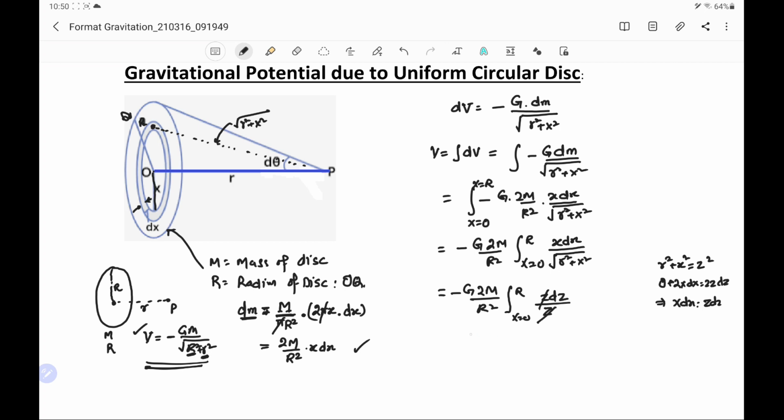Z and z cancel out, then minus G 2M by R square into the integration of dz, which is simply z, with limits x equal to 0 to R. Because the limits are in x, we have to reconvert z into x. It will give minus G 2M by R square, and from the substitution we resubstitute root r square plus x square, where x goes from 0 to R.